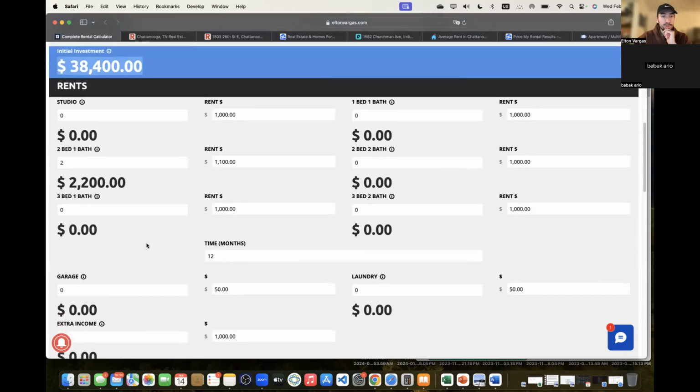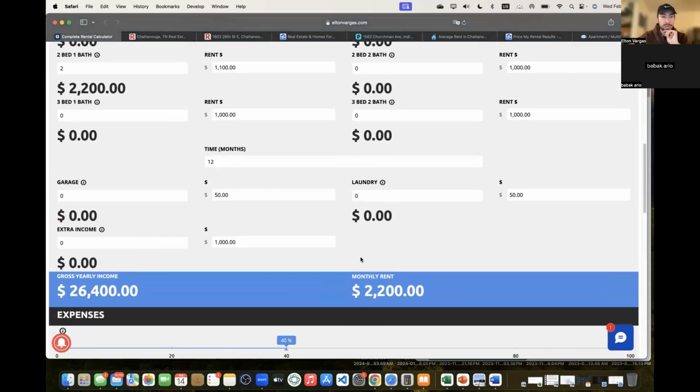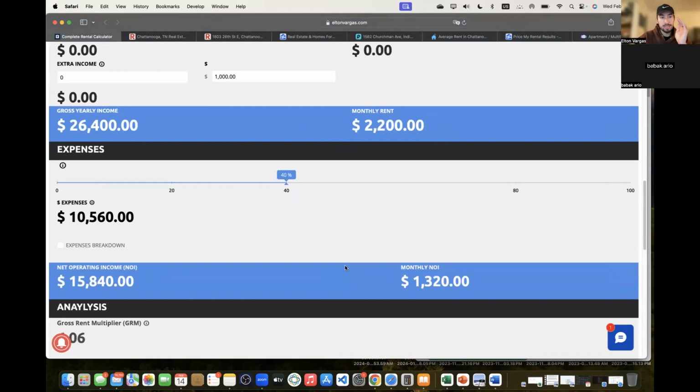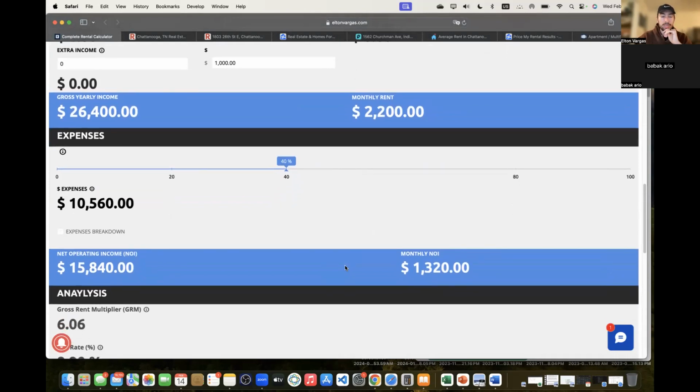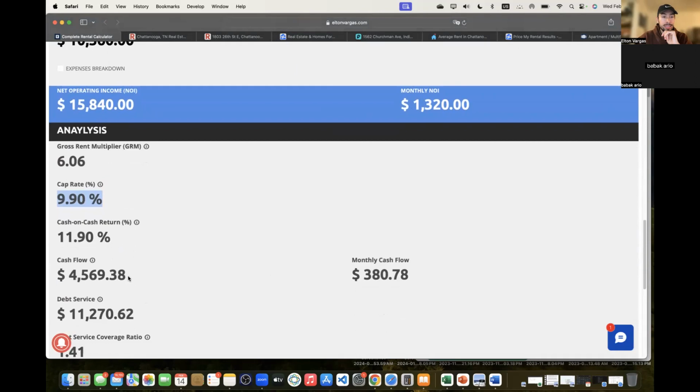From there, about 40%. My rent's still going to stay the same, $1,100 per unit. Expenses are still going to stay the same because they go based on the rent. Now my cap rate went up to 9.9 because again, I went a little bit higher. And now my property is cash flowing. So now I get that positive cash flow. Good.